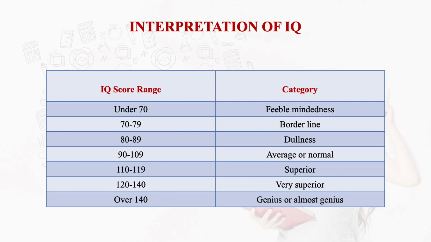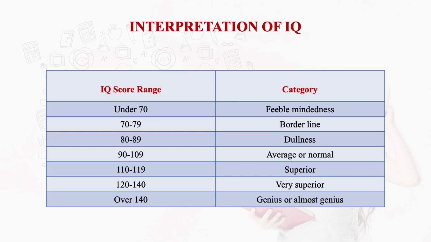Further, so far as interpretation of IQ is concerned, if the intelligence quotient score is under 70, he or she will come under the category of feeble mindedness. If it is 70 to 79, then it is borderline. If it is 80 to 89, it is dullness.